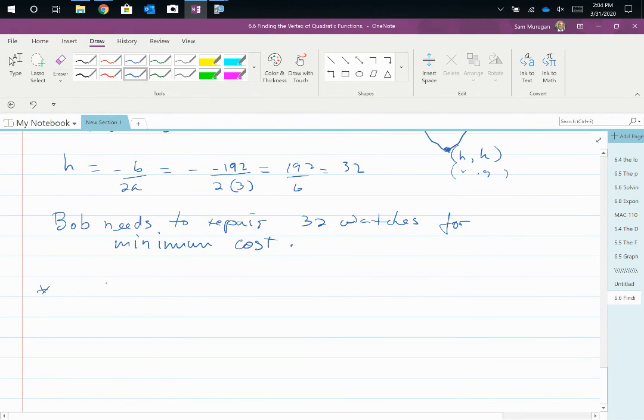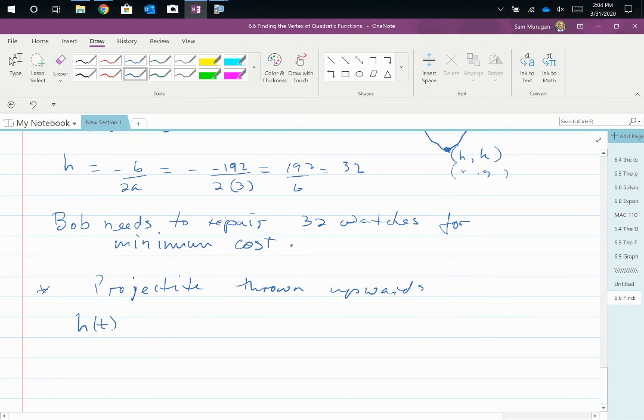Last question. A projectile is thrown upwards. So this is something like a ball that's thrown upwards.